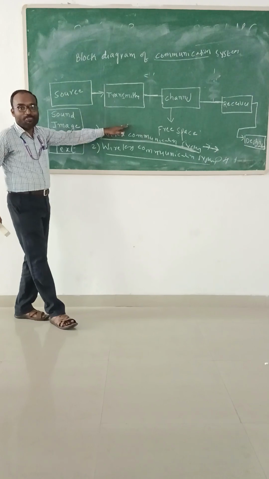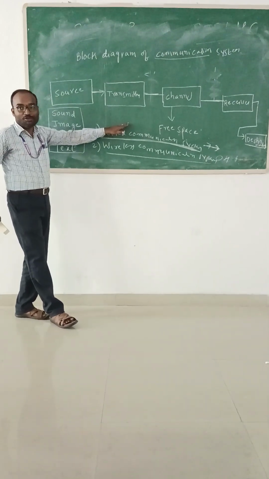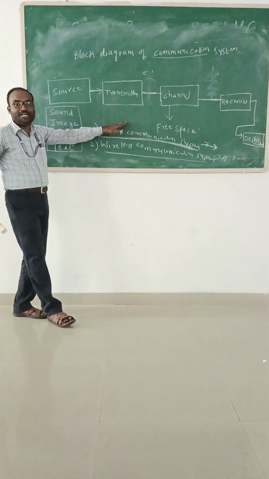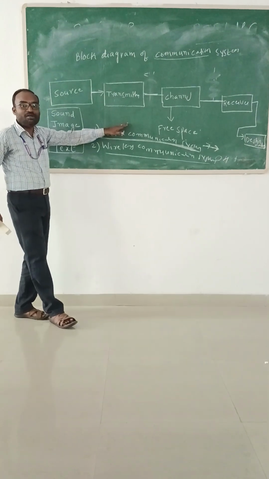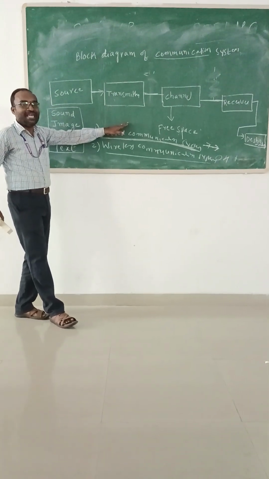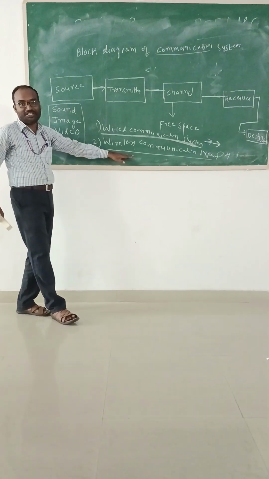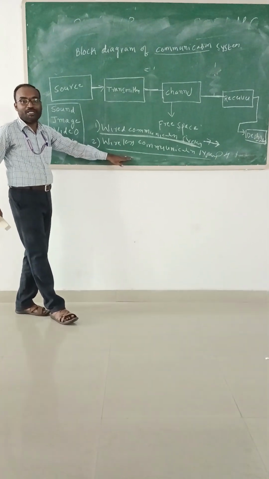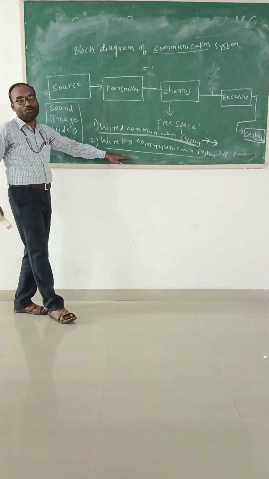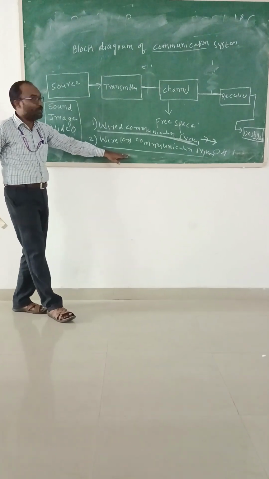To overcome the disadvantages, to be suitable for long distance communication and to reduce the cost of construction of a communication system, we are going for the wireless communication system. Wireless communication system is well suited for long distance communication.